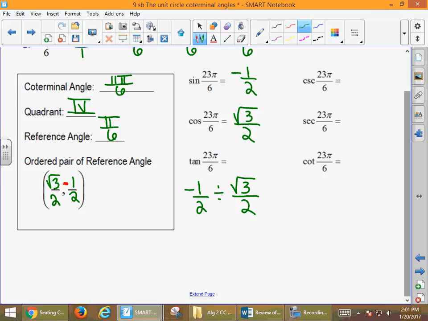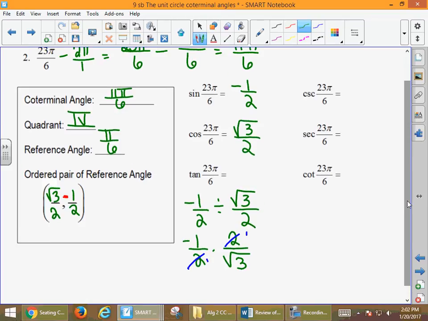Flip the second one and multiply. And once again, what happens is there's a 2 in the denominator, there's a 2 in the numerator. 2 divided by 2 is 1. So what we're left with here, and we're going to need to work with it a little bit more, but we're left with negative 1 divided by the square root of 3. But for now, let's get them all filled in, and then we can go back and rationalize.